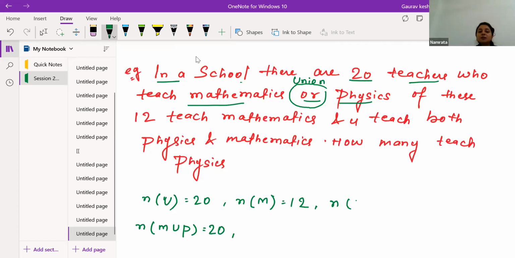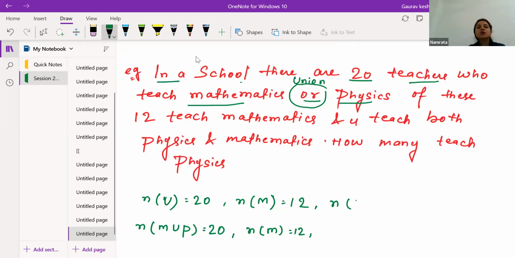The number of elements in mathematics is 12, right? And both means common. Who can teach mathematics also and physics also, both.